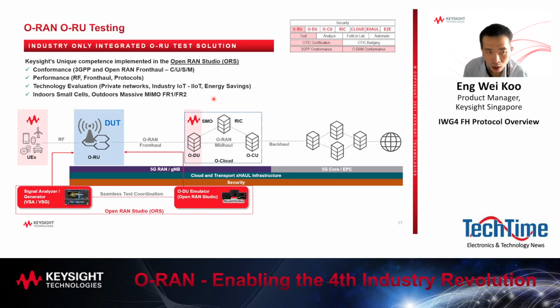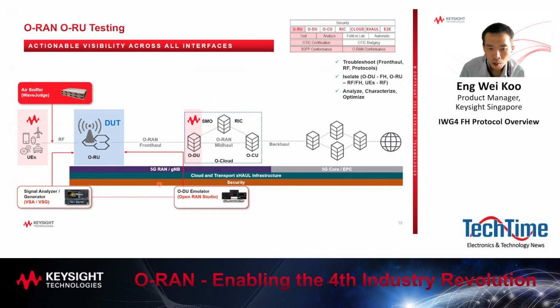And as we discussed, we are supporting our customers for indoor small cells testing for the ORU, as well as massive MIMO for frequency range 1 and range 2. Frequency range 1 is mainly for digital beamforming, and range 2 gets into analog and in some cases hybrid beamforming.